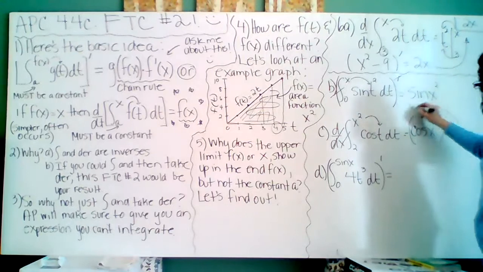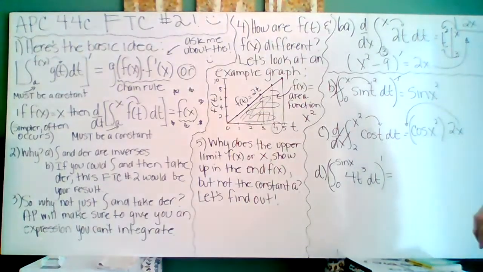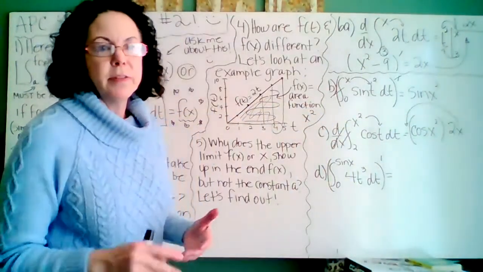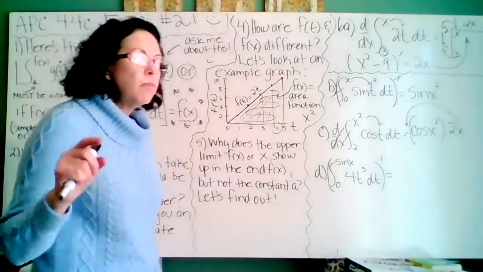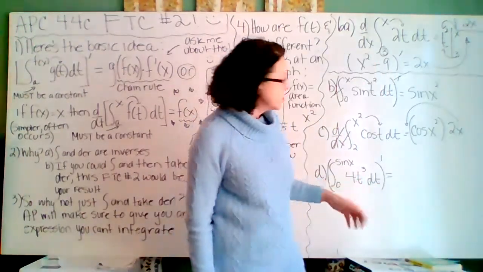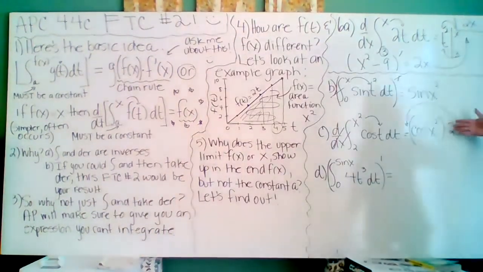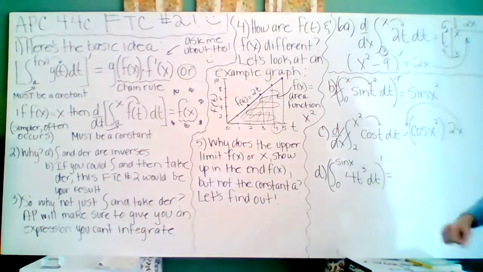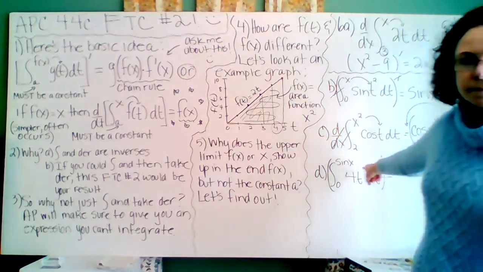And I would prefer that the 2x go in front of cosine x squared so it doesn't look like 2x is part of the angle. Most students will forget the 2x. This will be a multiple choice question. This will be one of the answers, and a lot of students will pick it. You now know that this is the answer.